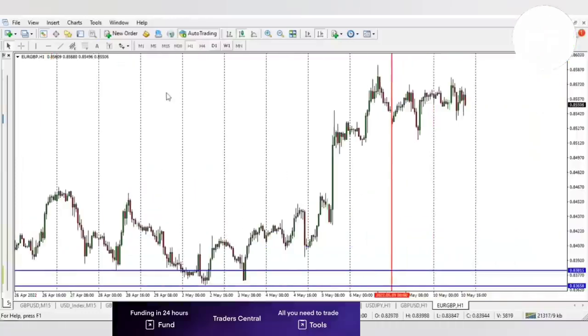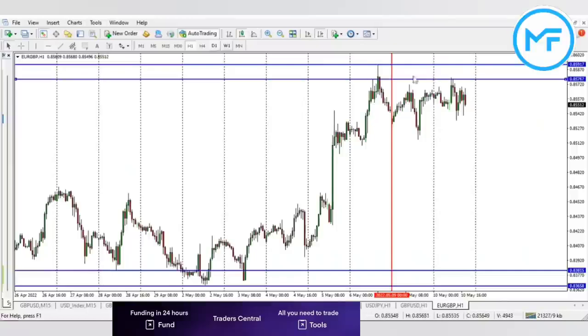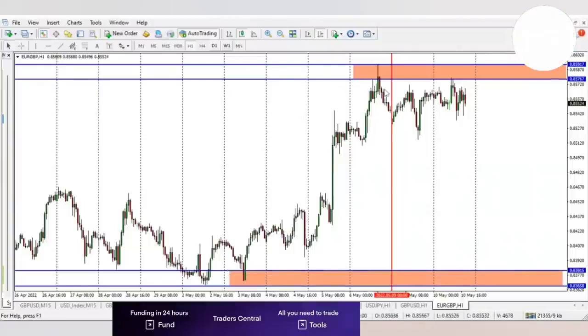Understand? And then you find your highest point, which is this one. Your second highest, you can use this one right there. And then you have your supply and demand zones right there. Understand? So now you are waiting.